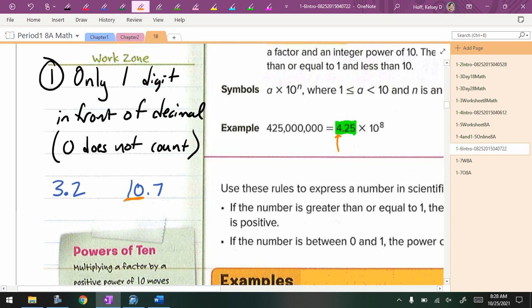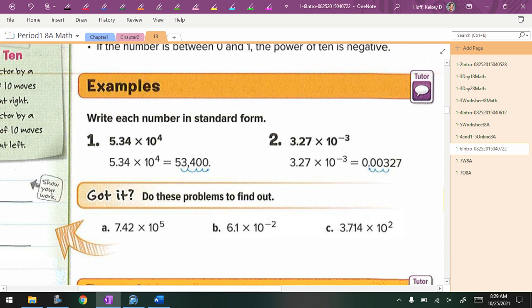There's two digits, a 1 and a 0, that does not count. How about 5.397? Yep, just a 5 in front of it. How about 0.2? No. 0 cannot be the only number in front of it. So you're always going to have one digit.